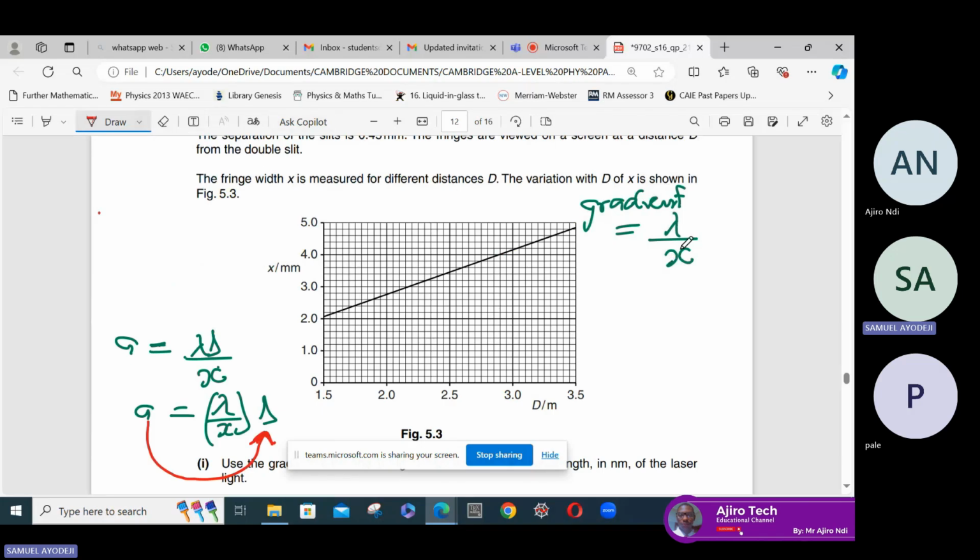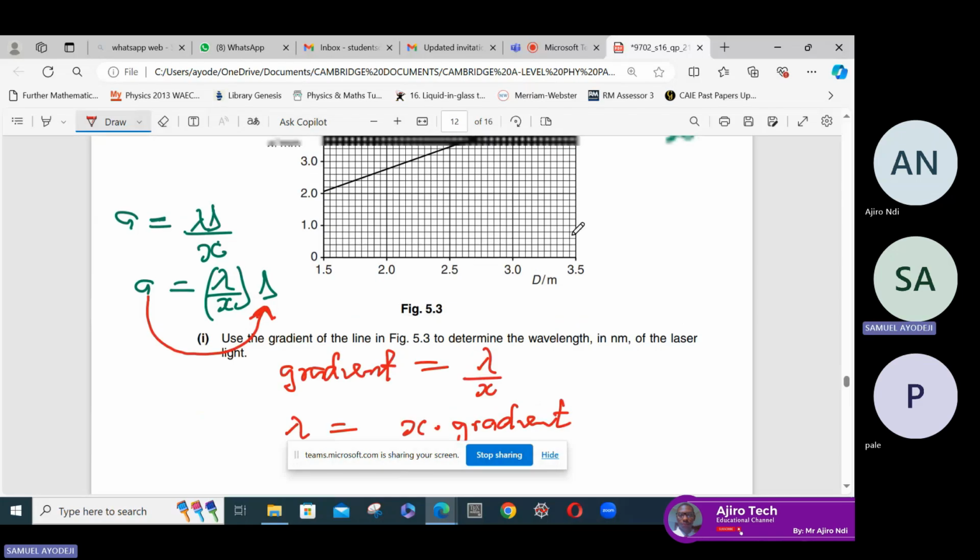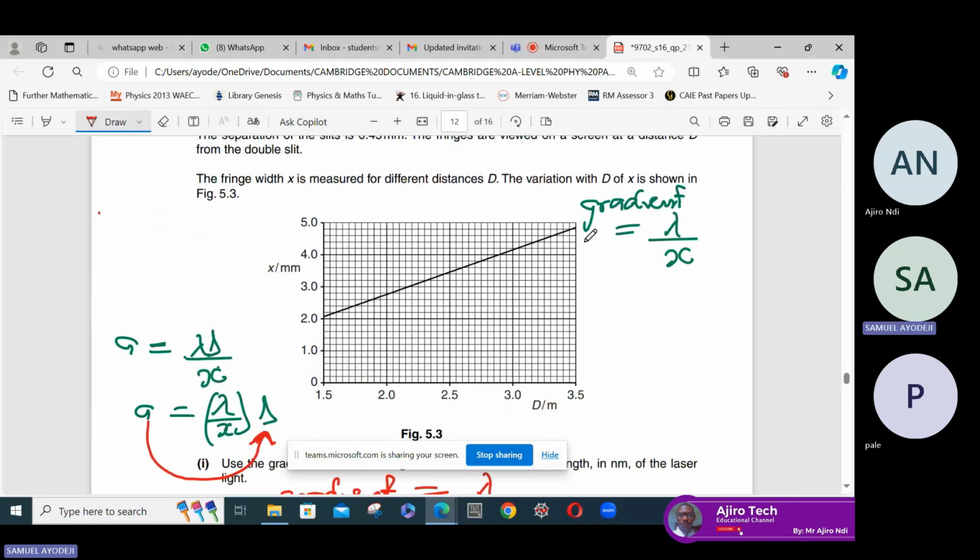So once we calculate our gradient, it is lambda over A. I'm looking for wavelength, so my wavelength will be A multiplied by the gradient. So what we need is to calculate the gradient, which I will ask you to do here.